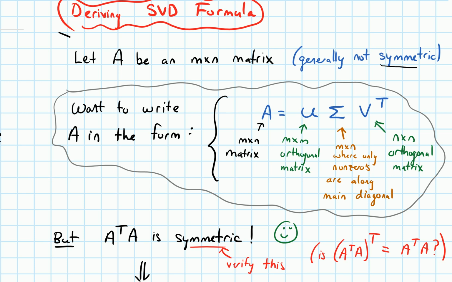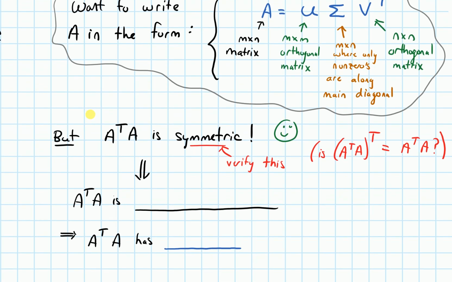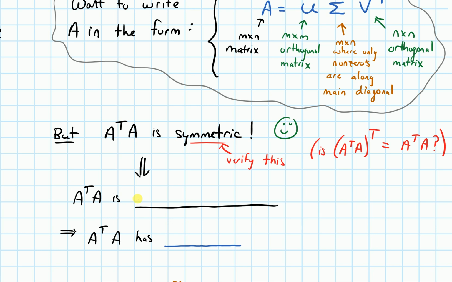All right, so because this matrix, A transpose A, is symmetric, that means it is definitely orthogonally diagonalizable. A matrix is orthogonally diagonalizable if and only if it's symmetric.